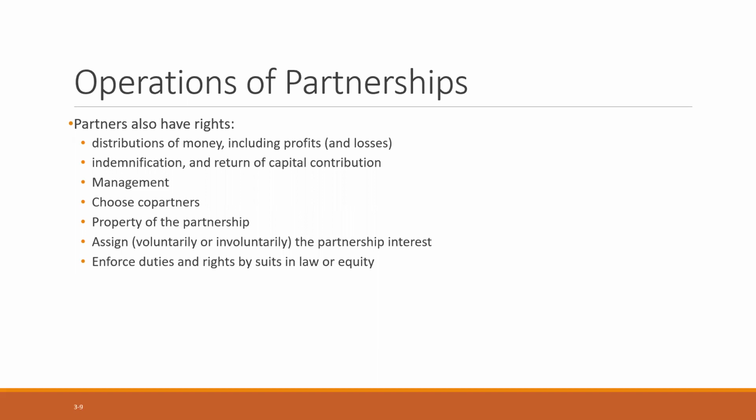We can assign the partnership interest, meaning any partner can take a loan and use their partnership interest as collateral. They own their portion of it, which is a little scary. Get partners who you can trust. And then we can enforce the duties and rights by suits in law or equity. So I have the right to sue the other partners if they don't live up to their deal. Okay.